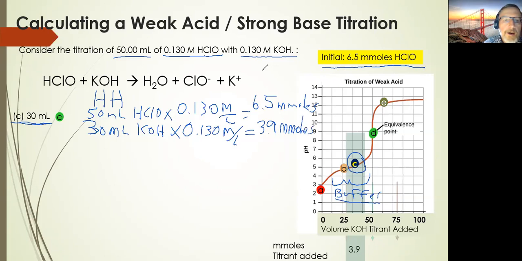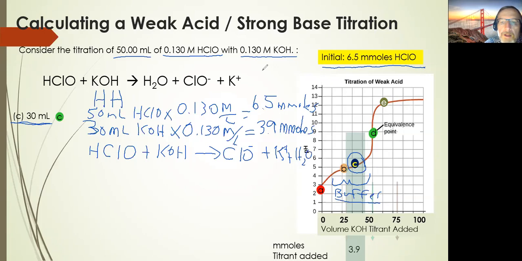Okay. Now we are going to determine the hydrogen ion concentration of this reaction by preparing an ICE table. So again, I'm going to rewrite the chemistry that is occurring, the neutralization reaction: HClO plus KOH goes to ClO minus plus K plus H2O.